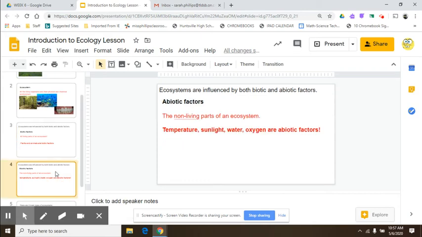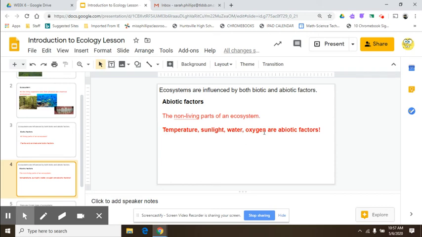And then the opposite of that is right here, something called an abiotic factor. So an abiotic factor is anything that's not living in an ecosystem. Don't confuse this with something that's dead. Something that's dead was actually once living, so that would actually be a biotic factor. These are anything that were never once alive. So for example, temperature is not alive. Sunlight isn't alive, water, oxygen.